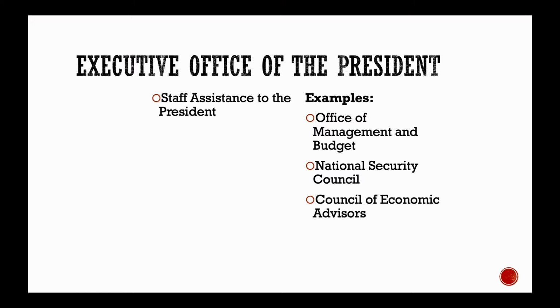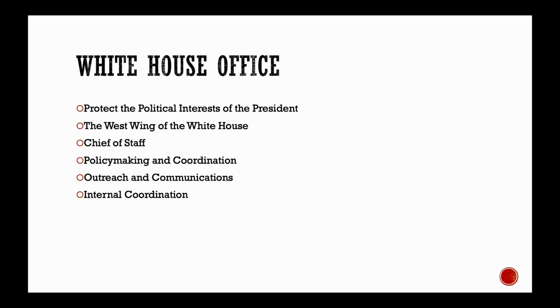Now, the thing is that the president recognizes that they are not simply an information-using office, they're a political office as well. And so there are a group of people who are part of the executive branch bureaucracy, but it's called the White House Office. Now, these are people whose job it is to protect the political interests of the president.